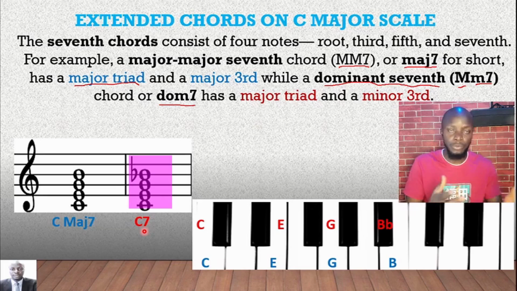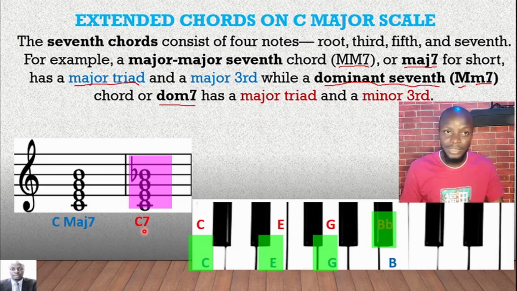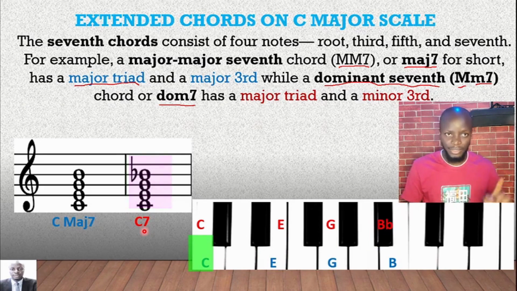Though they have a few similar notes, they are not the same because of the seventh. C major seventh has a major seventh because from C to B is a major seventh, but C dominant seventh has a minor seventh, because from C to B flat is a minor seventh.